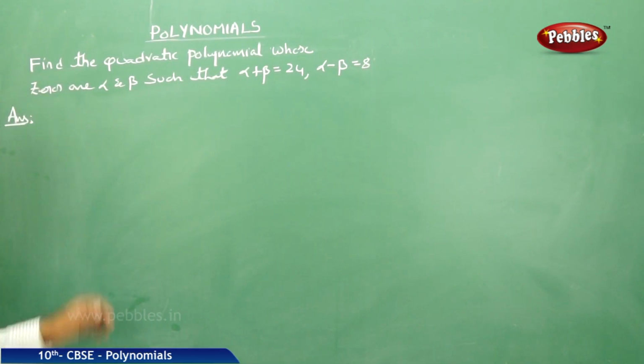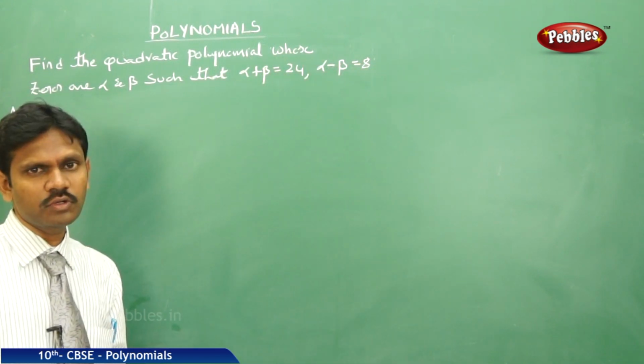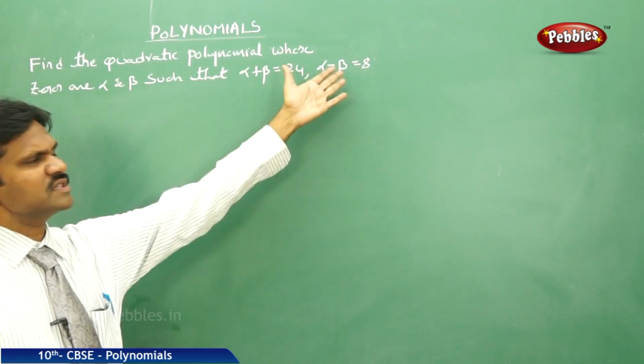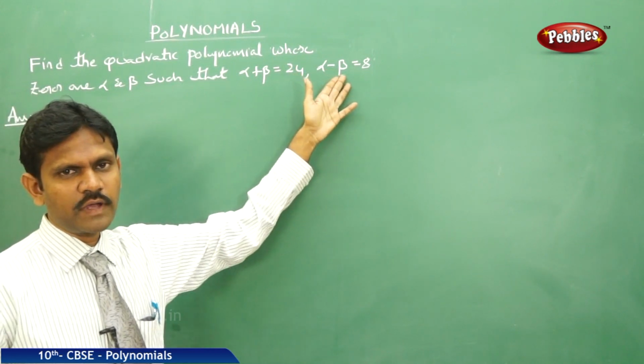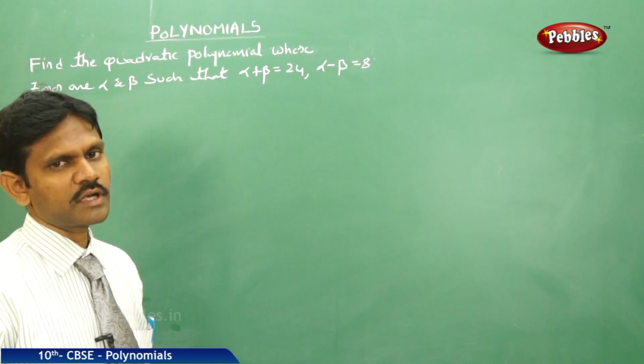According to the question, find the quadratic polynomial whose zeros are alpha and beta such that alpha plus beta is equal to 24 and alpha minus beta is equal to 8. By using this information, first of all I have to find the values of alpha and beta. After that I can prepare the quadratic polynomial.